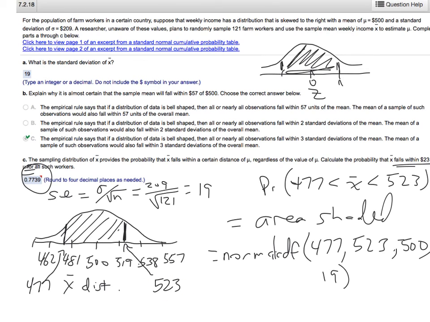So the z-score over here is going to be 523 minus 500, in other words, the observation minus the mean over the standard deviation. So that's going to be the z-score of that value. A similar calculation will tell you the z-score that corresponds to this, 477, it'll be negative. And then we can just use normal CDF between these two z-scores, and that would give us the same answer. So normal CDF allows you not to have to push the problem back over to z-scores. If you're going to use the table, then you have to use the z-score values. But it's not different than what we did before.